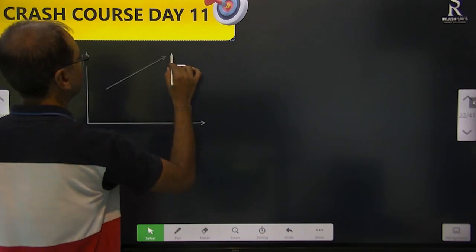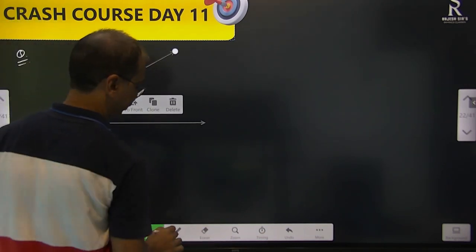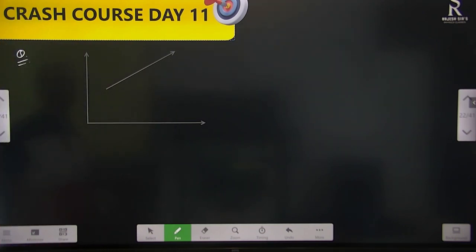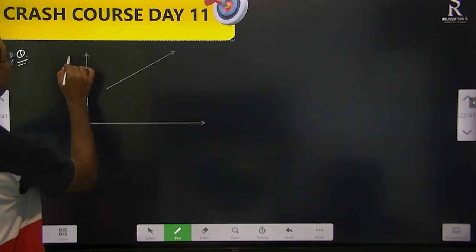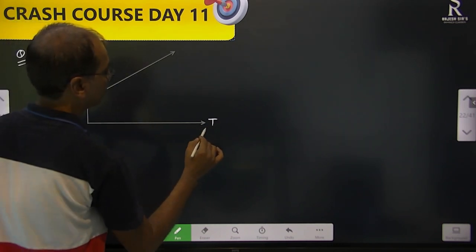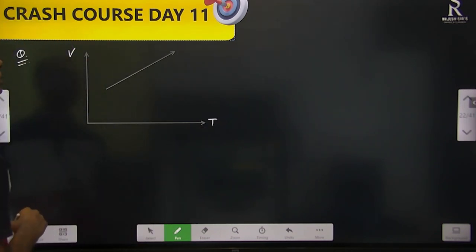And the process is like this. What graph is it? VT graph. Okay, this is a VT graph. Now what can we say about this process?